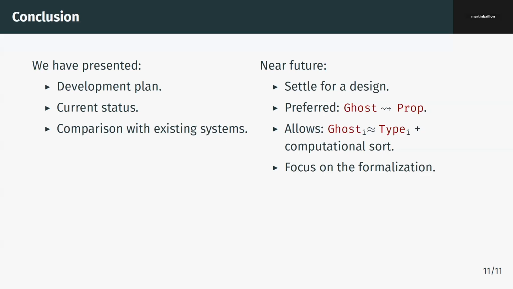The preferred one currently is Ghost eliminates to Prop, because instead of having a new Ghost sort, maybe we could say that Ghost is actually Type, and we could have an actual sort for computational content. But right now we want to focus on the formalization. So thanks for your attention.